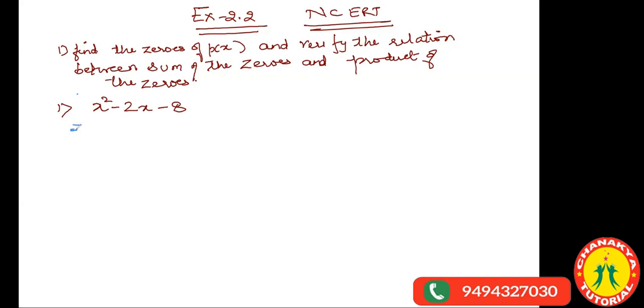Your first step will be this only. Multiply the last term by the coefficient of x square, so multiply 8 by 1, it will be 8. Now Sudhamshu, unmute yourself. Tell me, which factors will we take to get 2? This is our middle term.